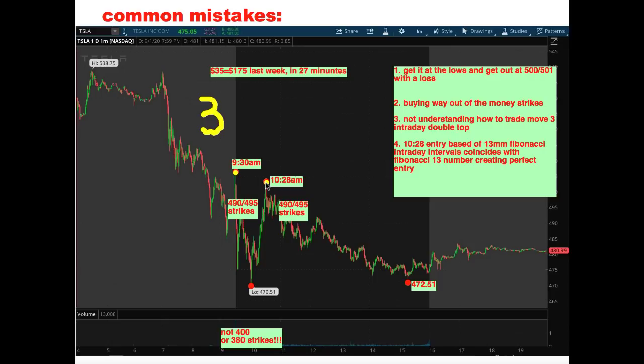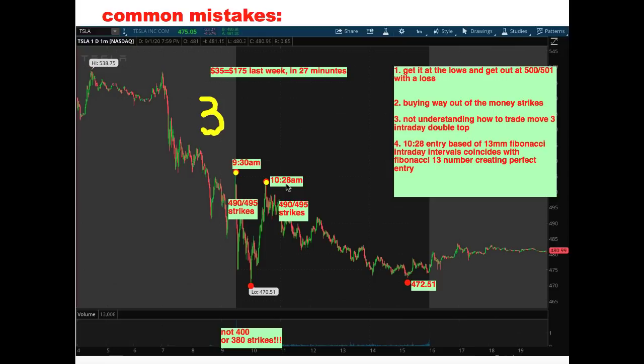If you knew the formula, you would have known 10:28 a.m. on the dot coincides with a number in the Fibonacci sequence, which happens to be 13. So the 10:28 time frame is the best interval in a move 3 formation to use to short the bounce, because it has mathematical significance when we split the intraday time frame of the day.